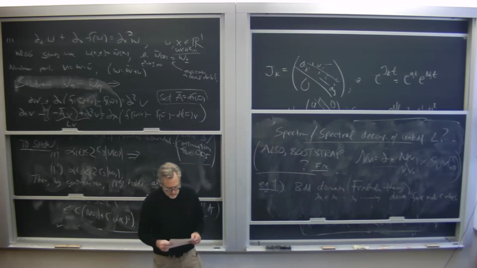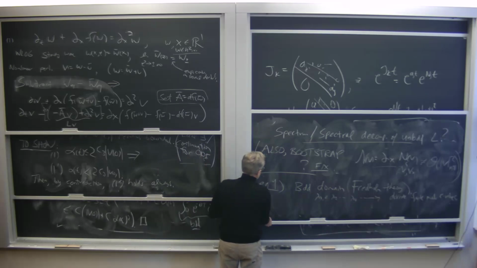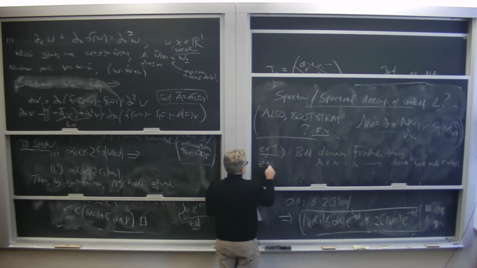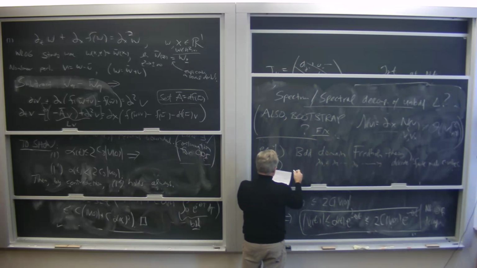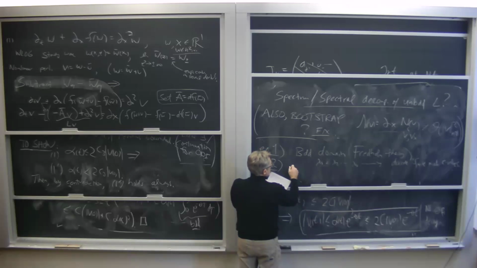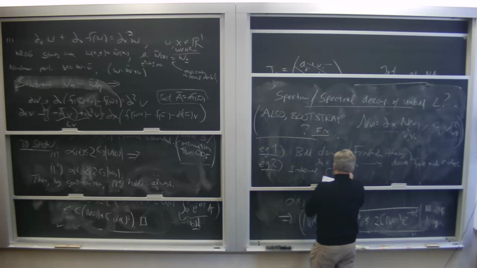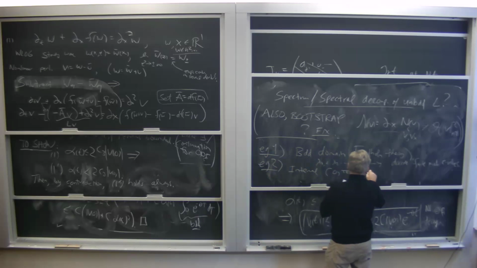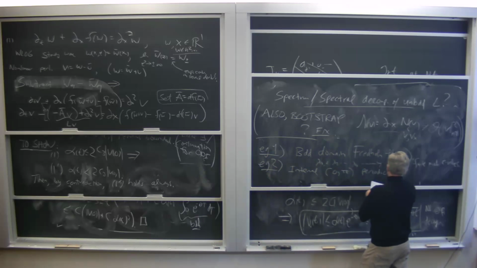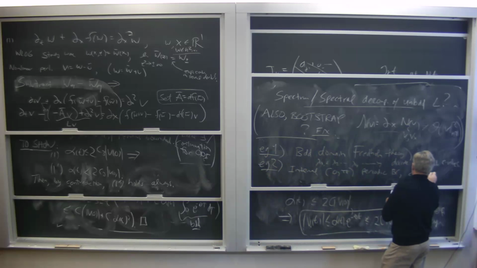So, okay, that's one point. Second example: we could do the interval 0 to pi, periodic boundary conditions, constant coefficient.